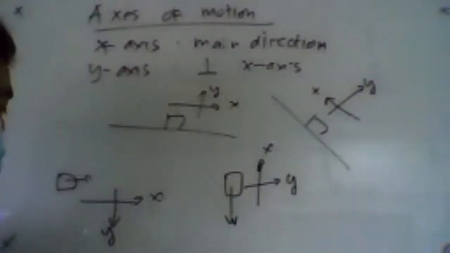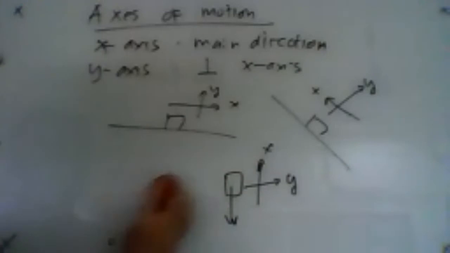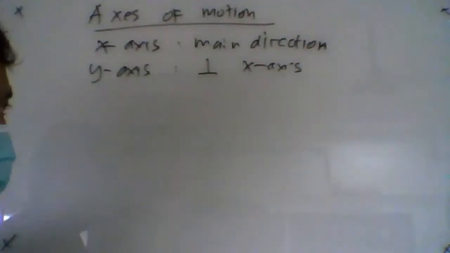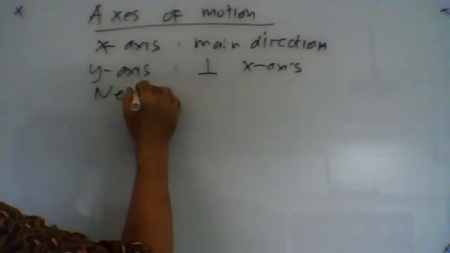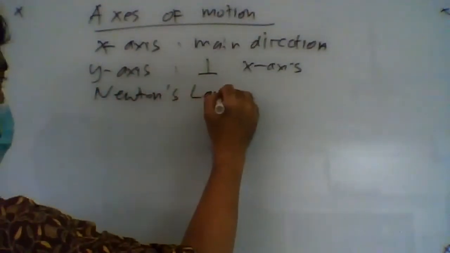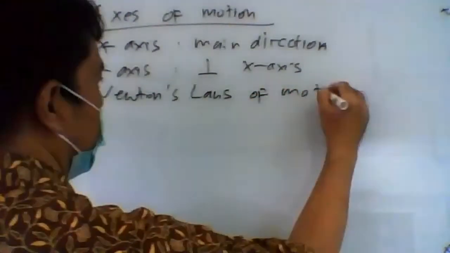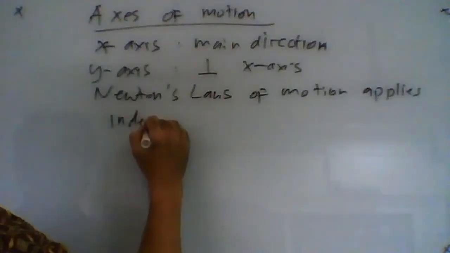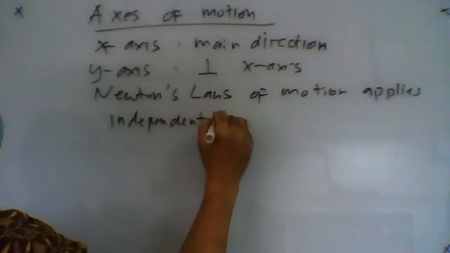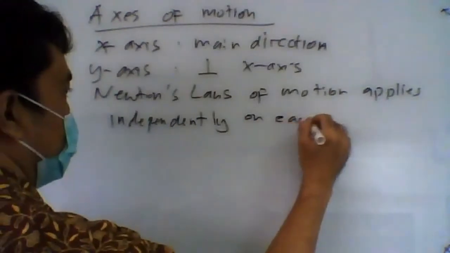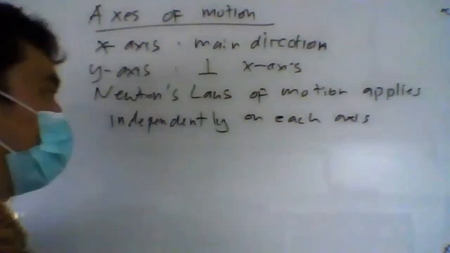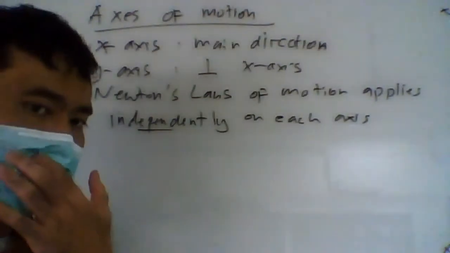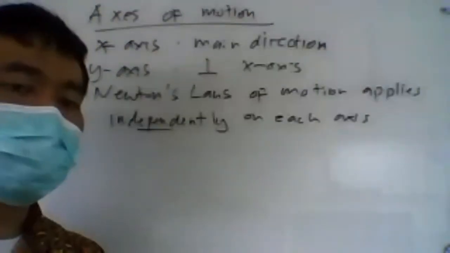Now, what are Newton's laws of motion? Because it's independent, it is possible for one axis to have Newton's second law and the other axis to have Newton's first law.